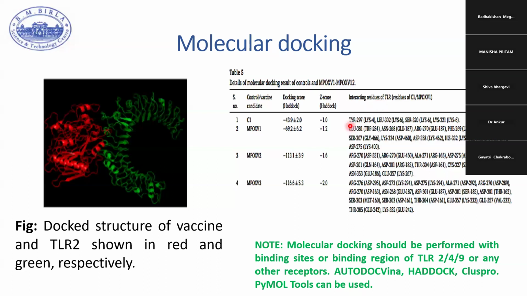For example, here you see tyrosine at 297 position interacting with lysine 4. So lysine 4 is your vaccine amino acid residue, and tyrosine 297 is the amino acid residue of your receptor. So always prepare this kind of table. It's a very good table for overall analysis of your study.